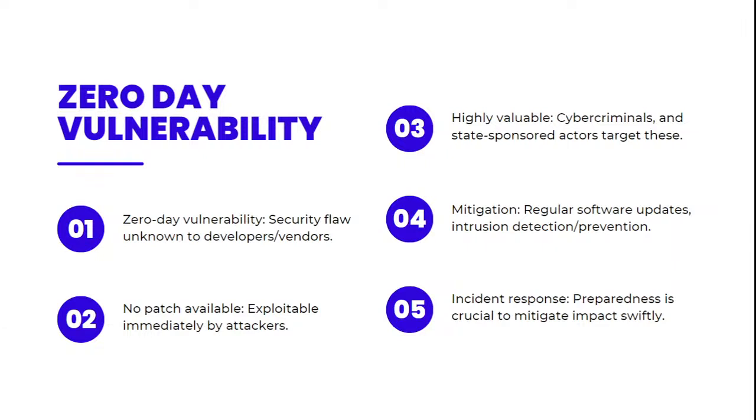But what is this 0-day? A 0-day is a flaw which is unknown to the developers and to the vendors, and there is no record or signature for it. The flaw which has been detected is unknown to people till now. So that is your 0-day vulnerability.